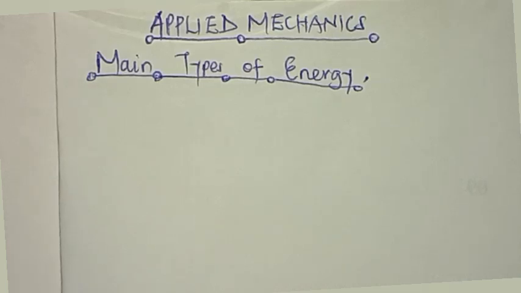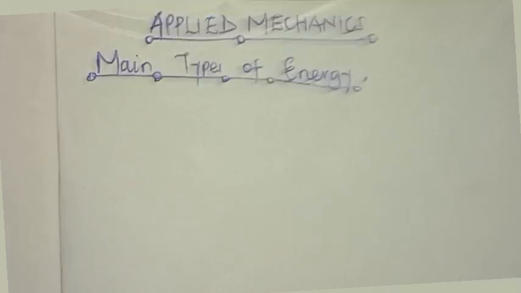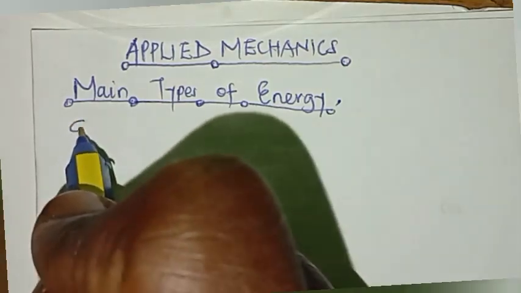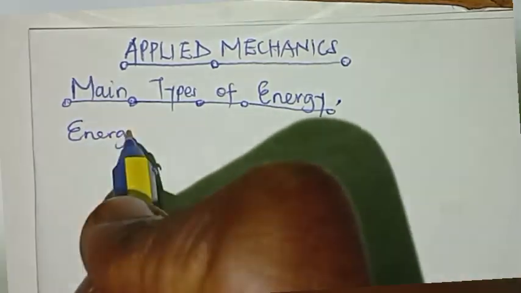Energy is the capacity to do a particular work, and in this discussion there are many types of energy, but we are going to discuss the key concepts or the main types of energy that are commonly tested in applied mechanics. So energy is the capacity to do work.